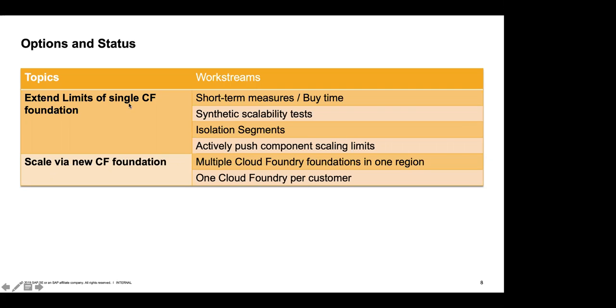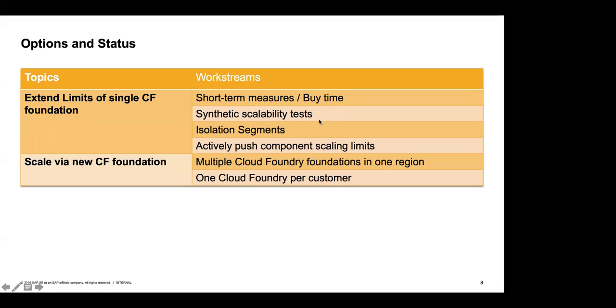And then obviously, as I also mentioned before, there's a certain set of measures that you can do to extend the limits of that single Cloud Foundry foundation. And one of the short-term measures we've just seen on the previous slide: just double the size of the Diego cells and therefore buy some time until you again hit that critical number of Diego cells in a single foundation. So this is something that we definitely do.